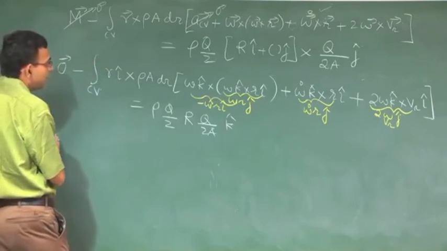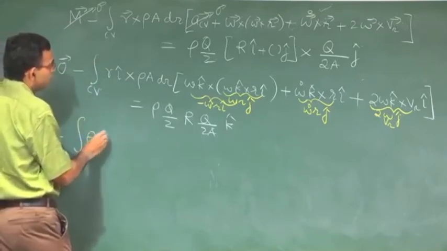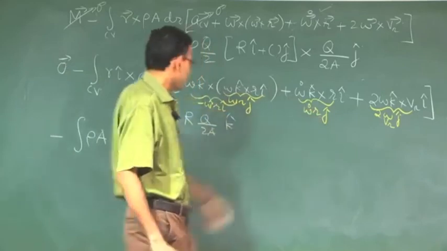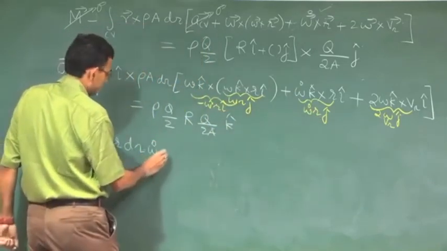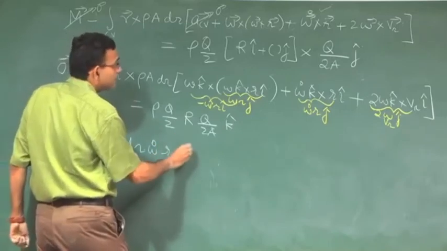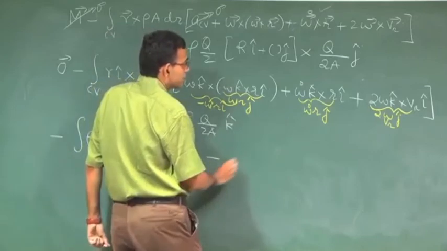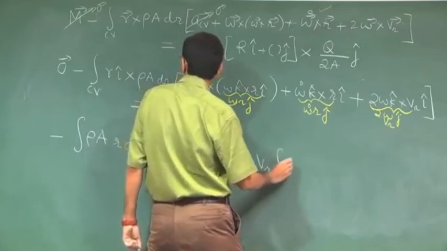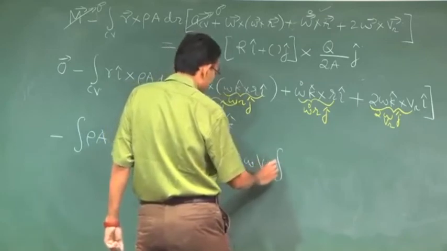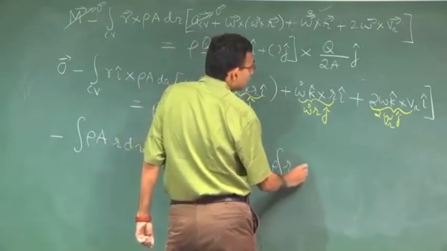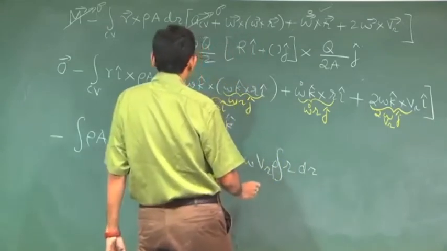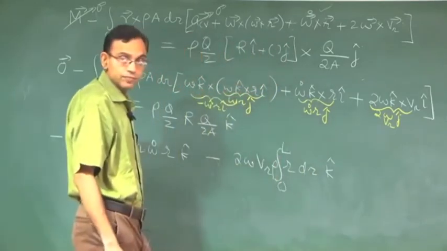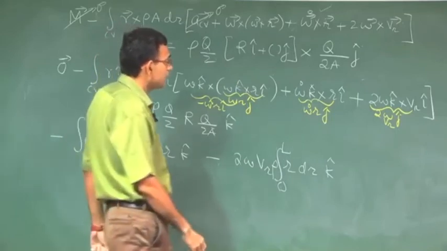So you have minus integral rho A r dr, i cross j is k, so omega dot r k, minus 2 omega Vr integral, one rho is there, right, rho r dr k, 0 to L, right. Capital A is there.